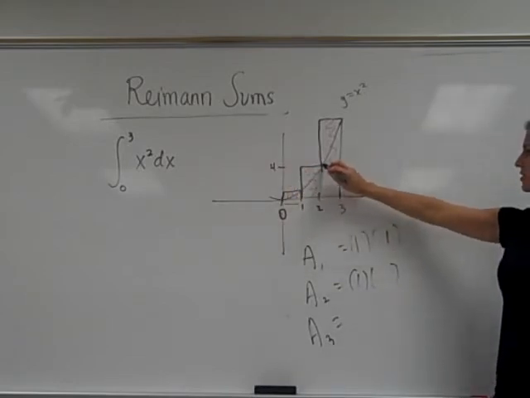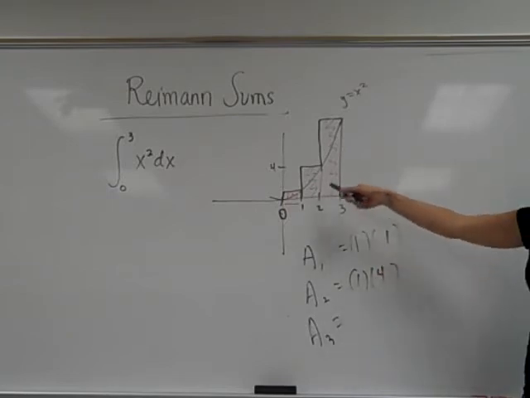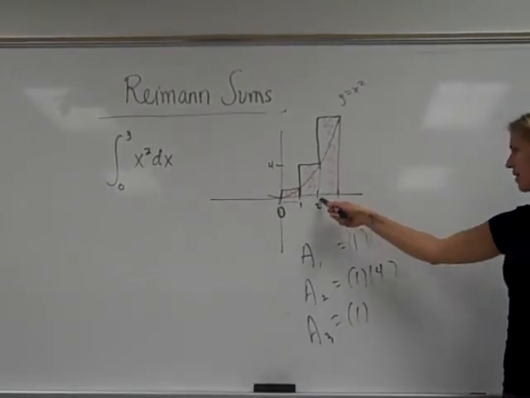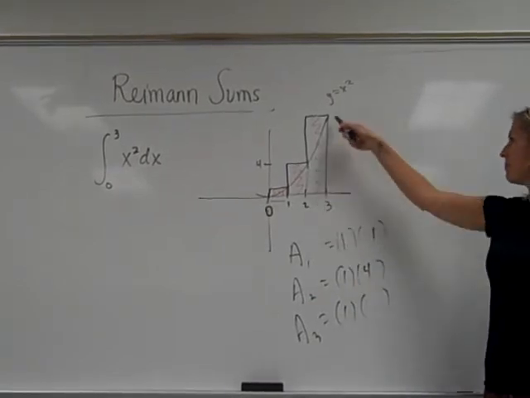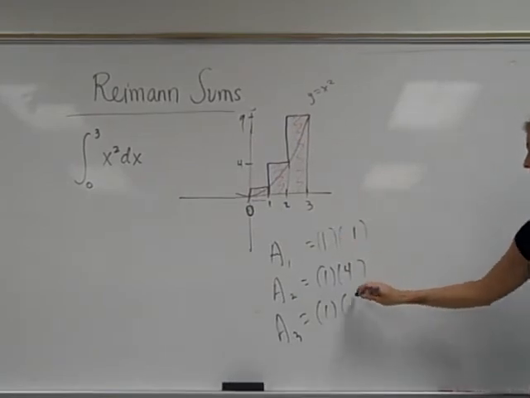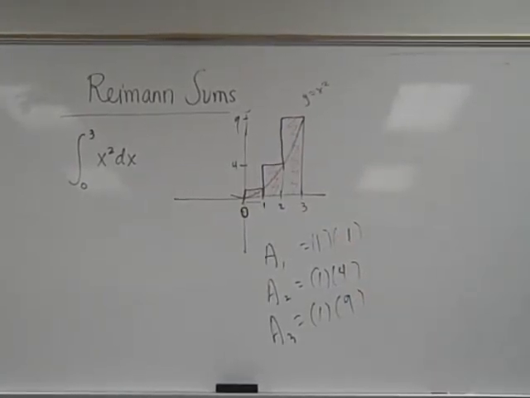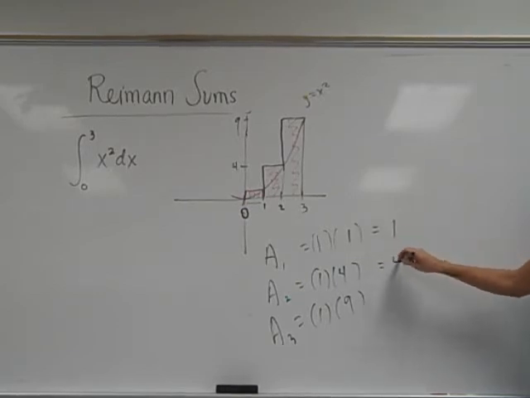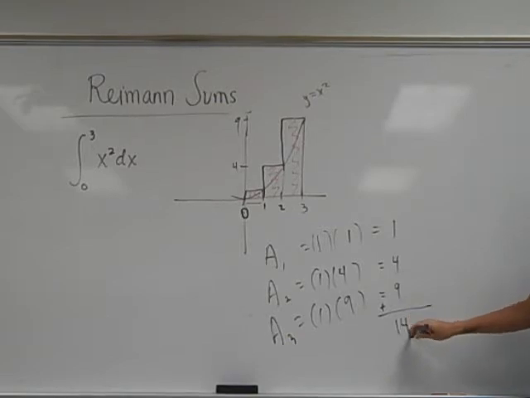I'm going up to where it hits the curve and I'm using that height of 4 because I'm plugging it into x squared. And my other rectangle has a width of 1 and has a height of 9, 3 squared. So I've got an area of 1, an area of 4, and an area of 9. I put it all together, and I have 14.